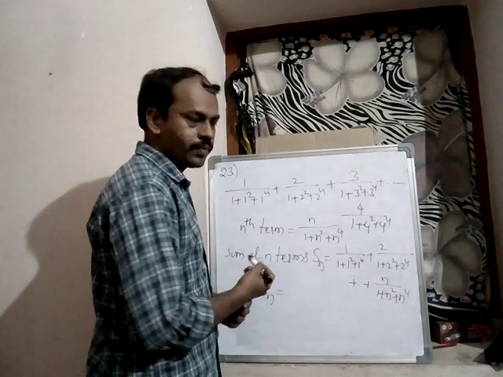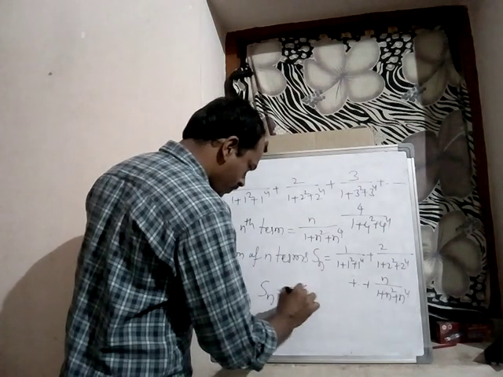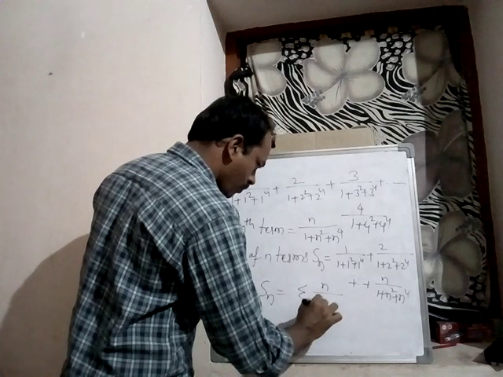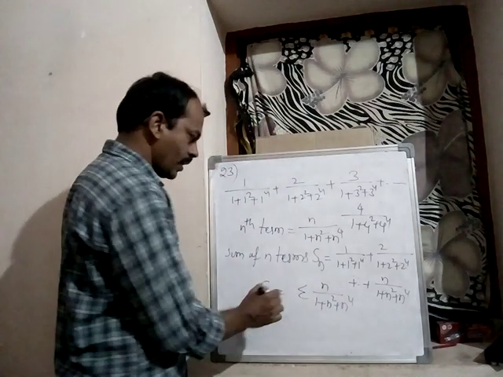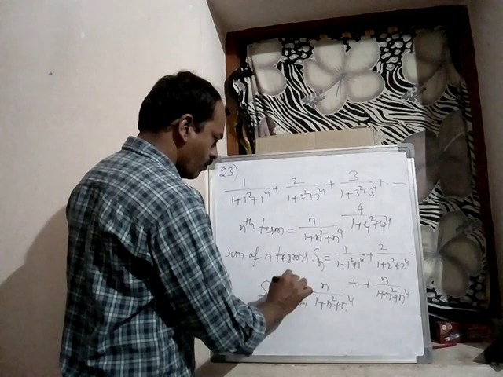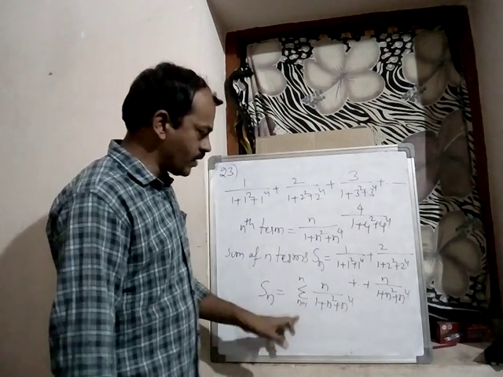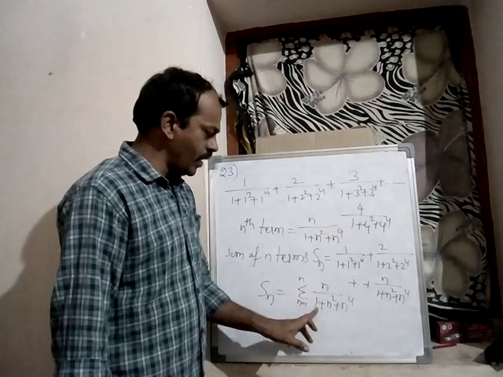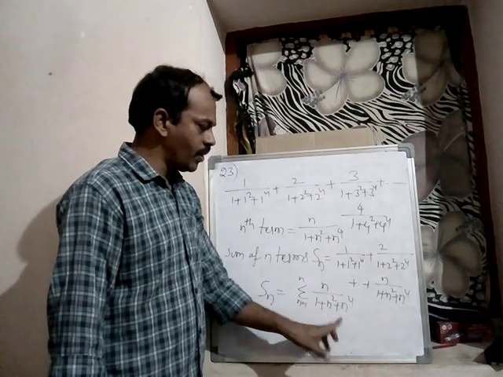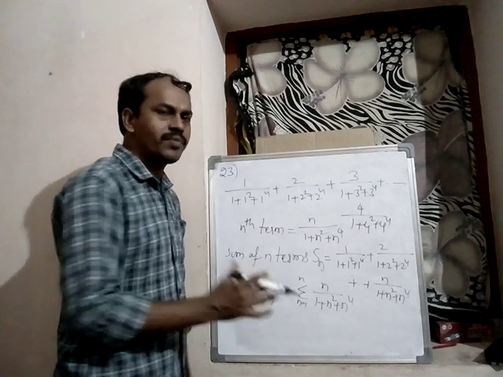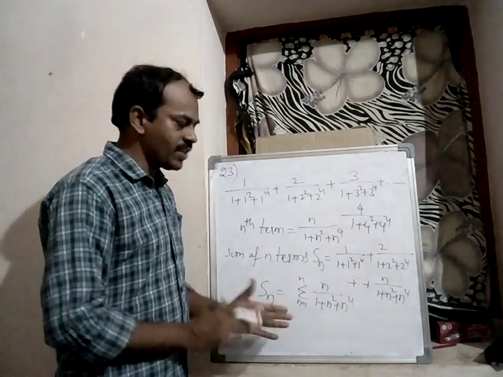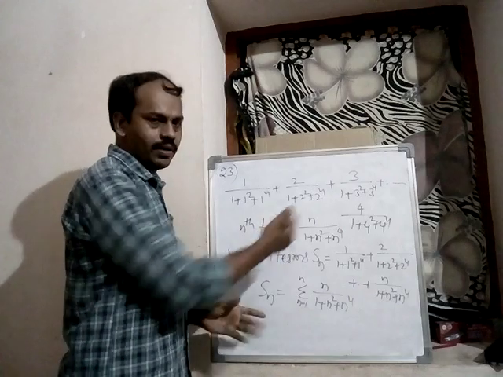So this can be written as Sn equal to the sum of n terms. Apply sigma, sigma of n by 1 plus n square plus n to the power of 4, where n goes from 1 to n. Now simplify this one, then you get some short form. Factorize the form, and after that you get the result.